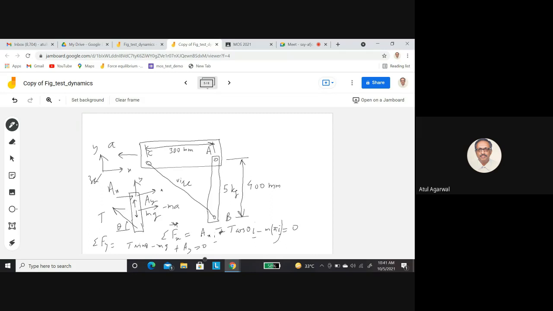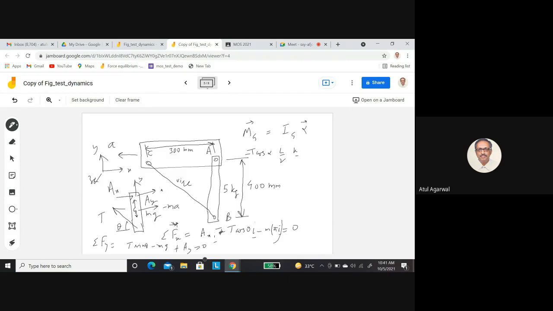Moment equilibrium equation. You take the moment of all the forces about point G, equal to Ig alpha. Now you see, since this bar is not rotating, alpha is 0, and you have taken moments of forces about point G. So what is the moment of forces? This t cos theta is causing a clockwise twist about point G. So you get minus t cos theta, and this distance is L by 2.